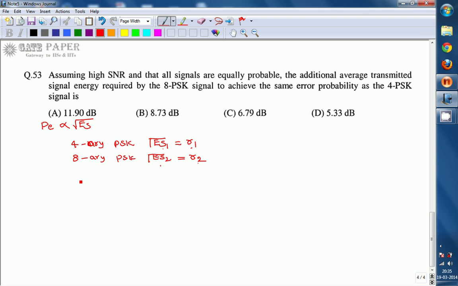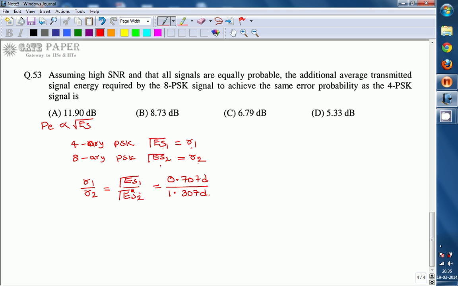Now we will get the ratio of R1 by R2, that equals root ES1 by root ES2. We already solved in the above problem that R1 by R2 is the ratio of the roots. We got the R1 value and R2 value: R1 is 0.707 D and R2 is 1.307 D. Now we require the ratio of energies for the 4 array PSK and 8 array PSK.